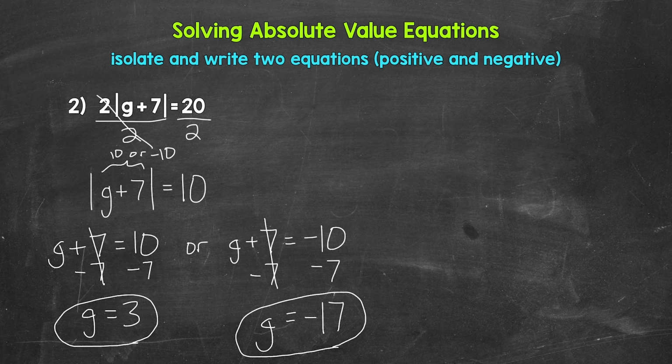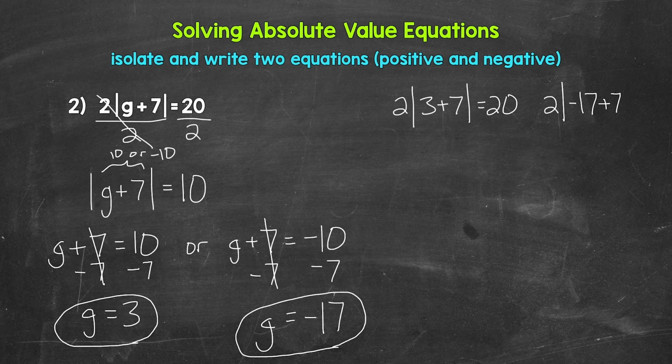Now let's check those solutions by plugging them in for g and seeing if they work. So we can come to the side here. So we have 2 times the absolute value of 3 plus 7 equals 20. And then 2 times the absolute value of negative 17 plus 7 equals 20.